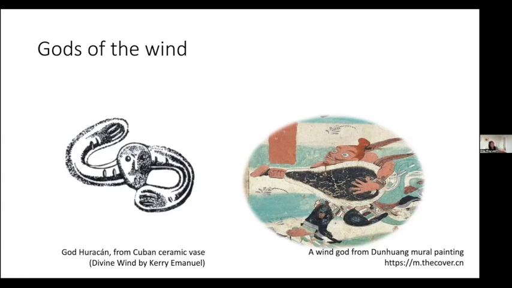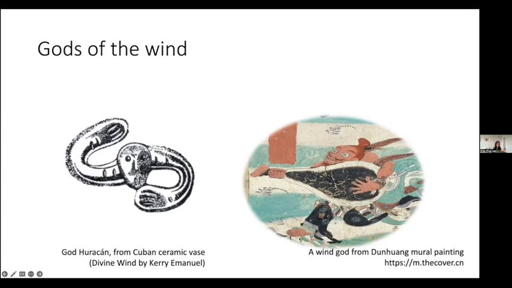According to the literature, the native Caribbeans were very afraid of the god of the wind. So when the wind came, they would play drums and do a bizarre ceremony to attempt to drive the god away.